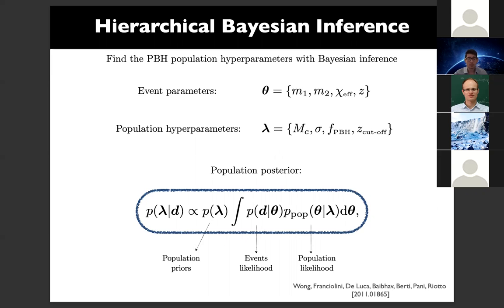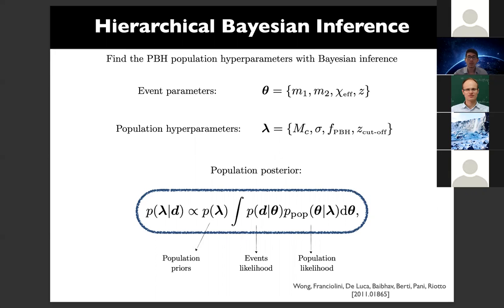These population hyperparameters are described by a vector lambda and are the central scale of the initial mass function, MC, its width, sigma, the PBH abundance, and the cutoff redshift.